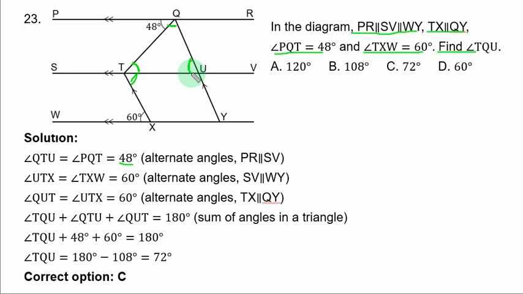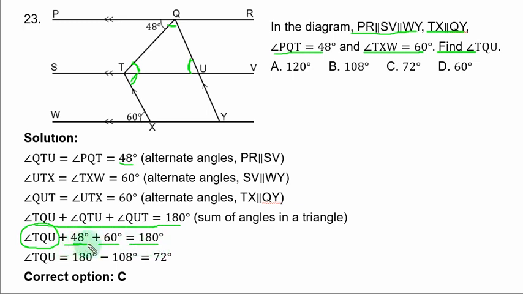So in triangle TQU, if you add the three angles, the sum is equal to 180 degrees, and you are looking for TQU. QTU is 48 degrees, QUT is 60 degrees, the sum equal to 180 degrees.